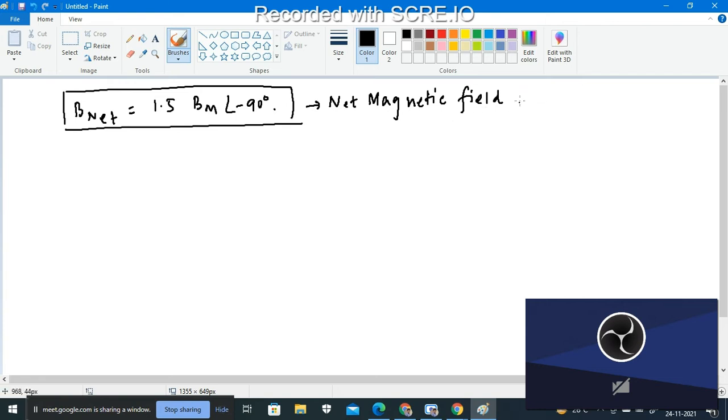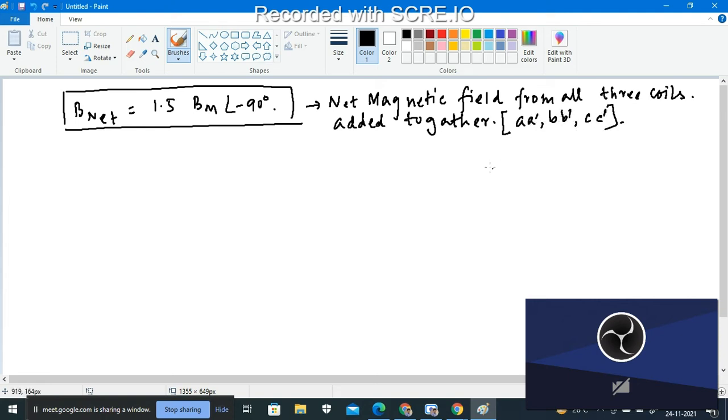From all three coils, the three coils added together. What are the coils? Coils are A', B', and C'.